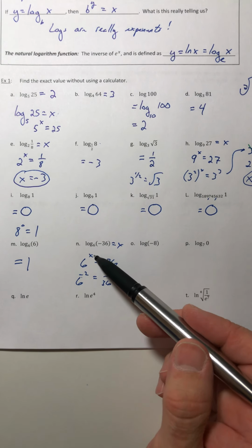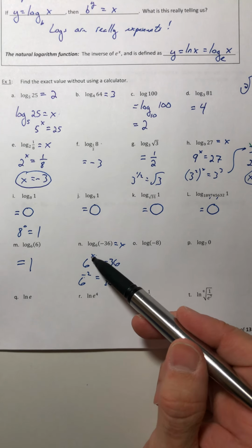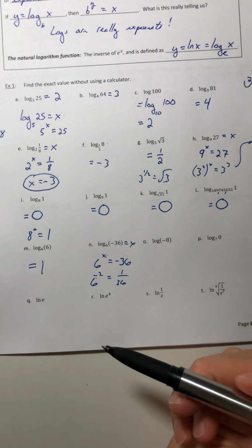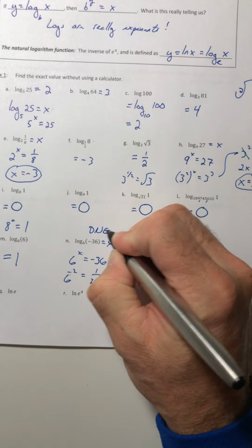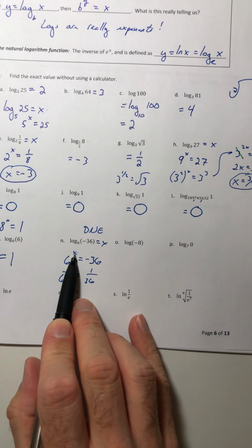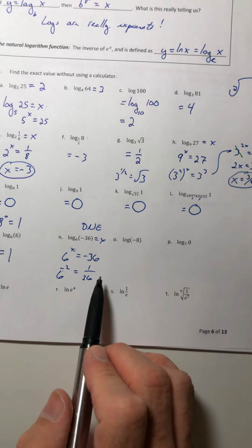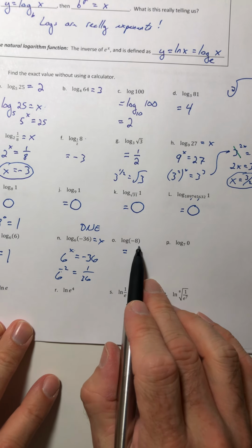So think about it. What number can you plug in for x that's going to make this, or this, turn out to be negative 36? There isn't one. So it's D and E. You can't plug a number into an exponent and have it come out as a negative. It just doesn't work.